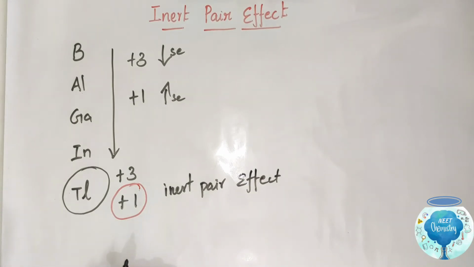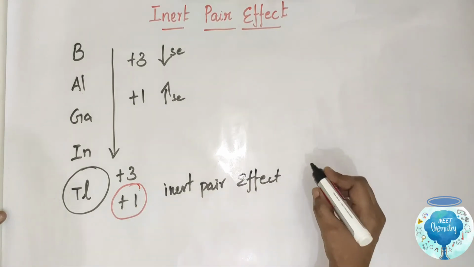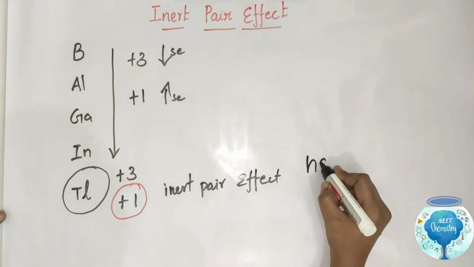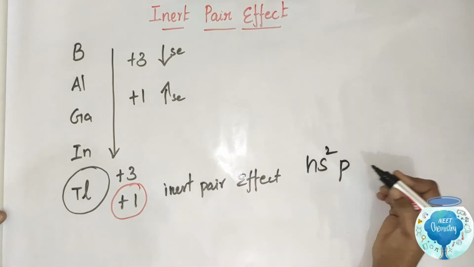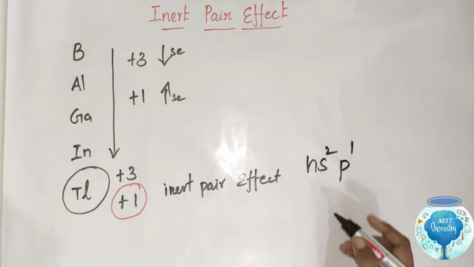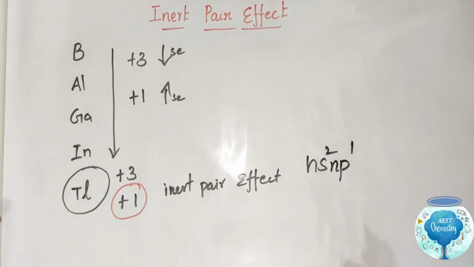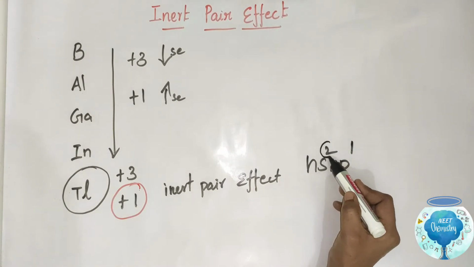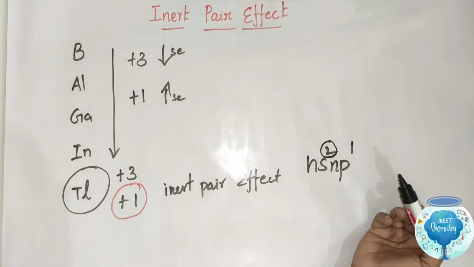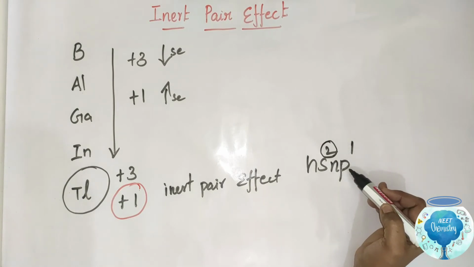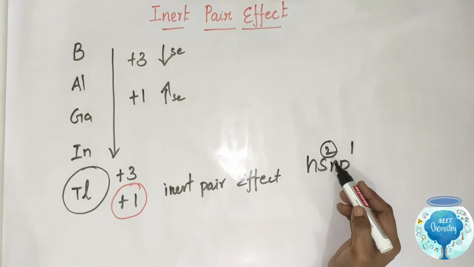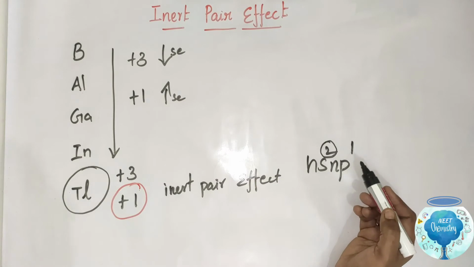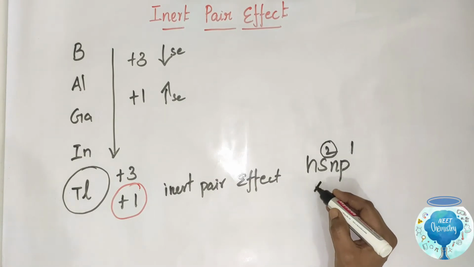What is the inert pair effect? The electronic configuration is ns2 np1. There are 2 electrons in the ns orbital and 1 electron in the p orbital. These 2 electrons do not participate in bonding.